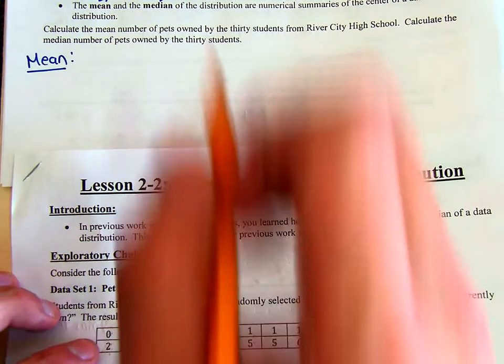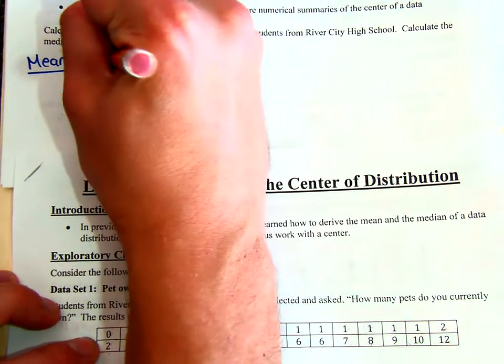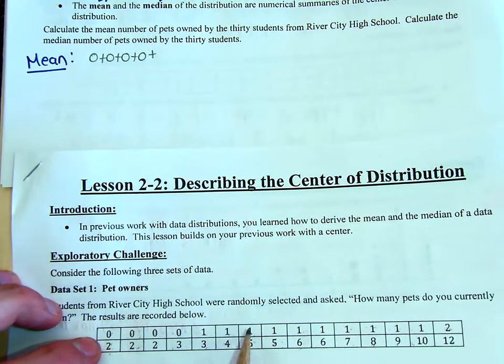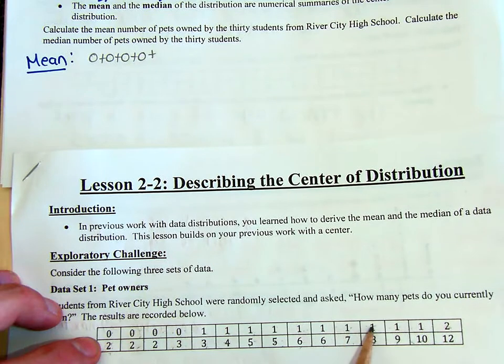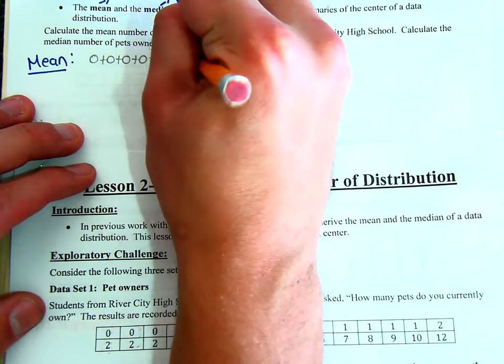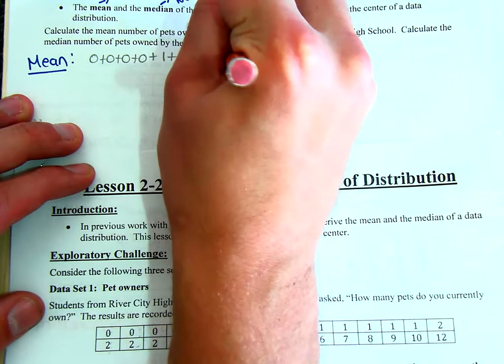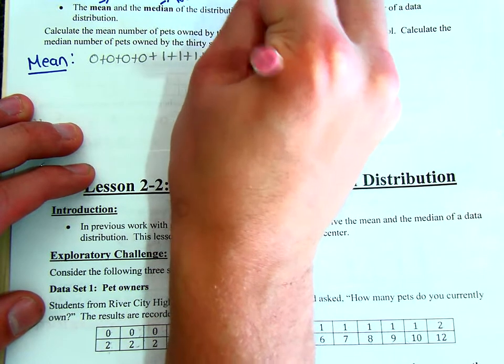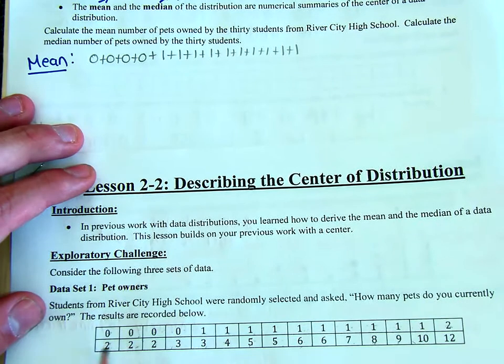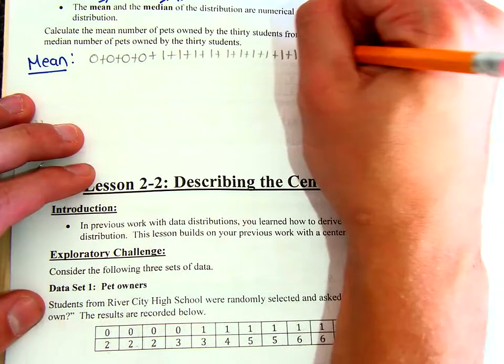So I'm going to have 4 zeros. So I'm going to do 0 plus 0 plus 0 plus 0, plus we have 10 ones, so it'll just be 1, and then we have to add 4 twos.